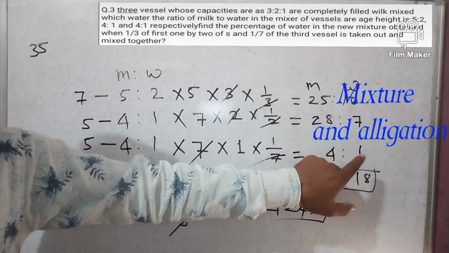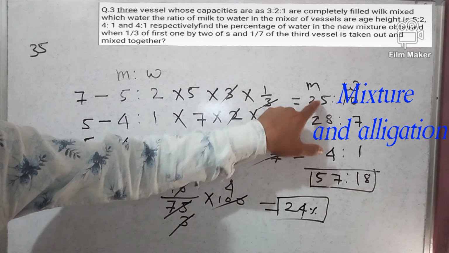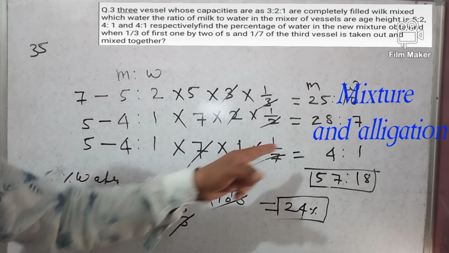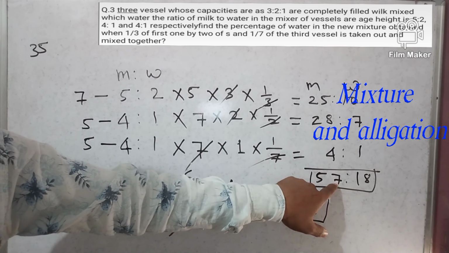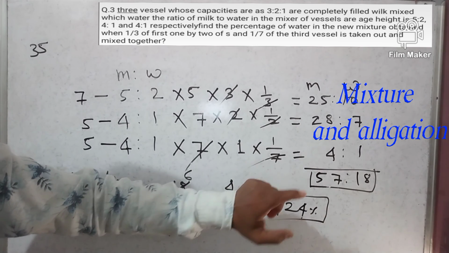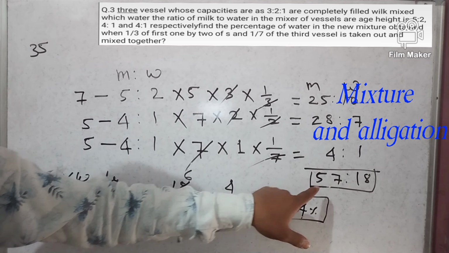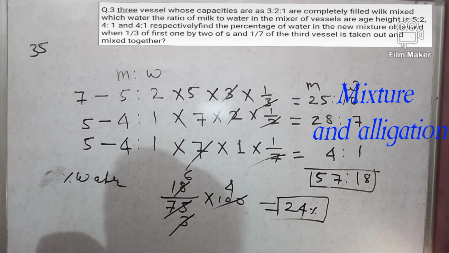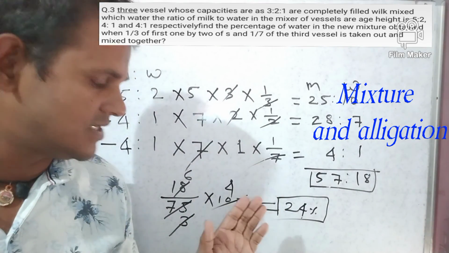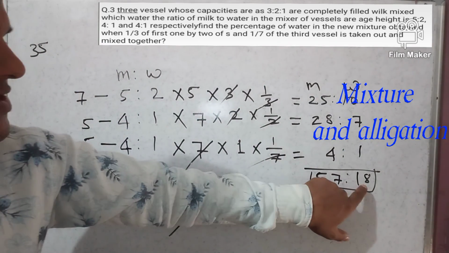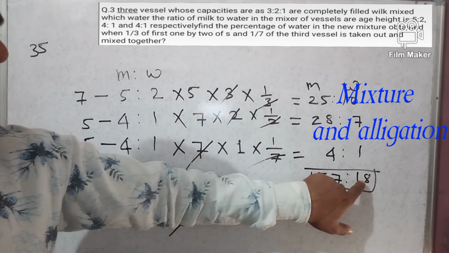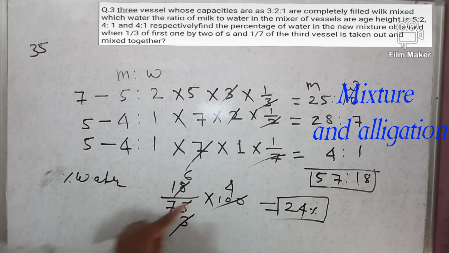10 plus 7 is 17, 17 plus 1 is 18. Now 5 plus 8 is 13, 13 plus 4 is 17, 7 and 1 is carry, 2 plus 2 is 4 and 1 is 5. So our milk and water ratio is 57:18. Our target is to find the water percentage of this mixture, right? So water is 18 out of 57 plus 18, so 18 out of 75. 57 plus 18 is 75, right?